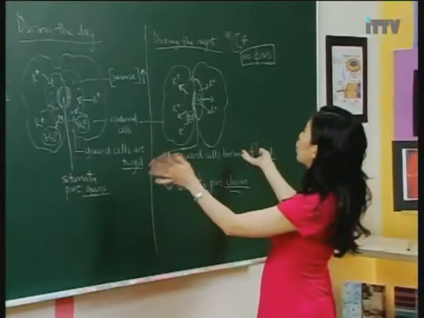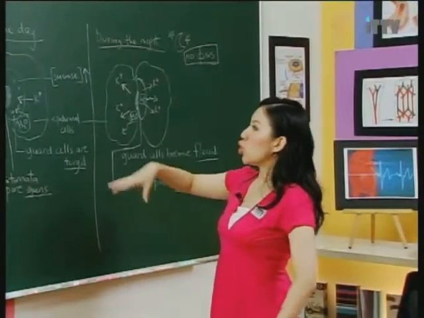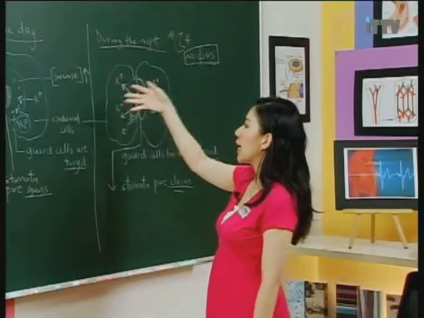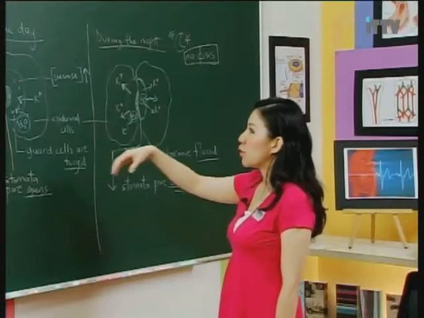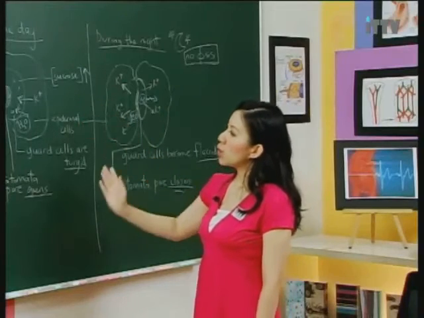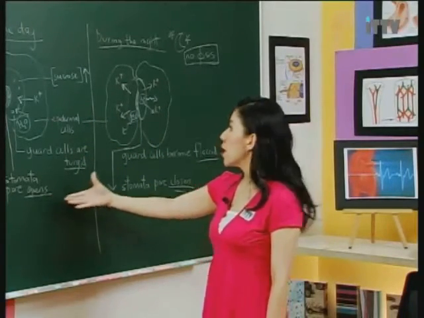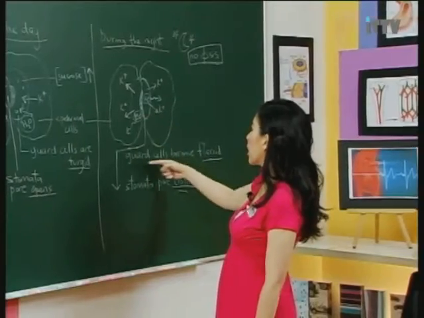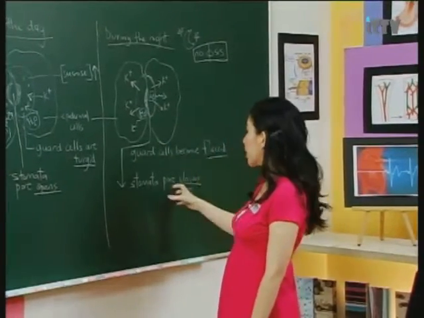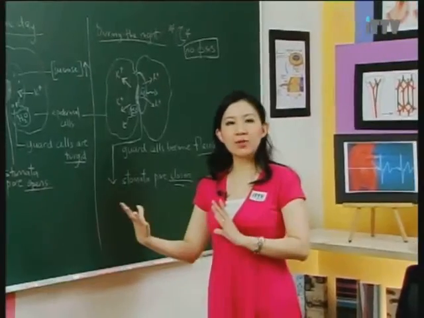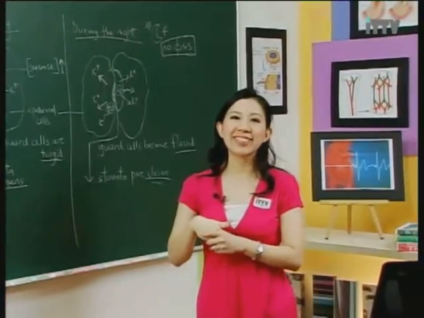So that's the contrast between how the stomata pore opens and closes during day and night with regards to the presence of water. Whether water moves in, guard cells become turgid, stomata pore opens. But here water moves out, guard cells become flaccid, stomata pore closes. So it is the events during the day and the night.